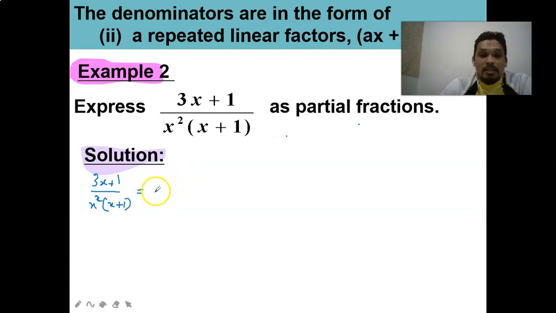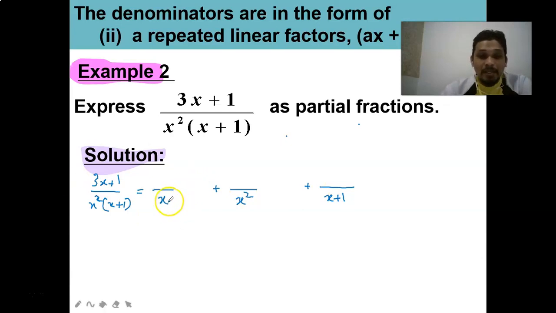Okay, so then first we come up with an x plus x squared plus x plus 1.